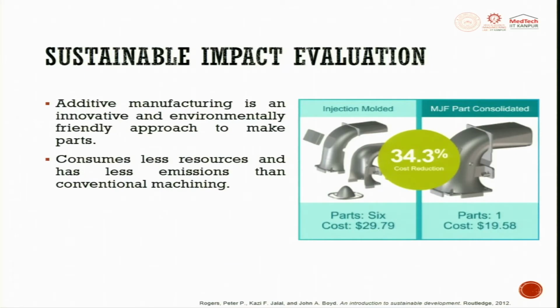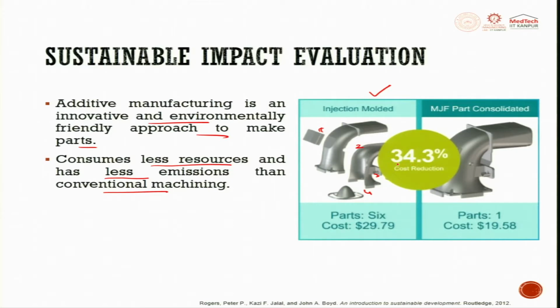The sustainable impact evaluation, to pick an example here, additive manufacturing is an innovative and environmentally friendly approach to make parts. It consumes fewer resources and has fewer emissions than conventional machining. So, in the injection molded part, you can see 1, 2, 3, 4 components were there.